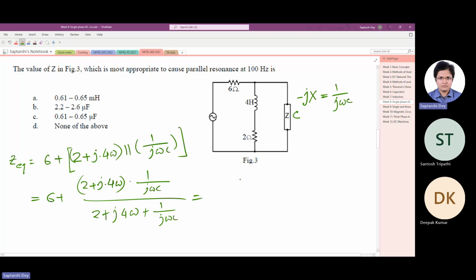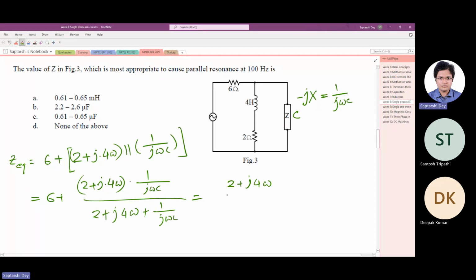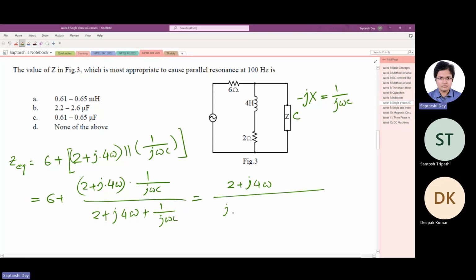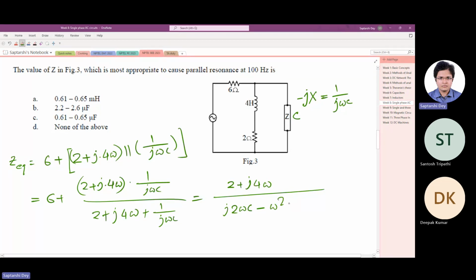We multiply it with j omega C. That makes it simpler: 2 plus j4 omega, divided by j times 2 omega C minus omega squared 4C plus 1.